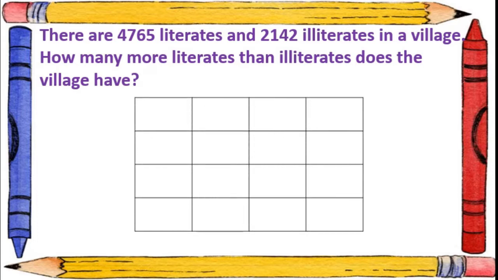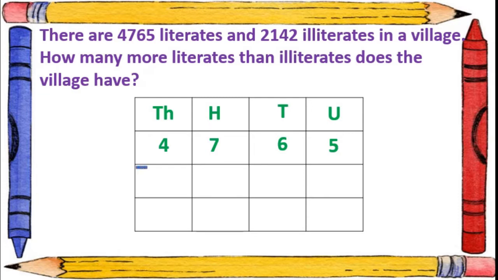We will make a table. We will write units, tens, hundreds and thousands column. Okay. Now we will write 4,765 in proper places. 5 in the unit place, 6 in tens place, 7 in hundreds place and 4 in thousands place.